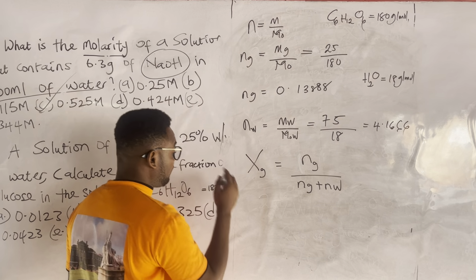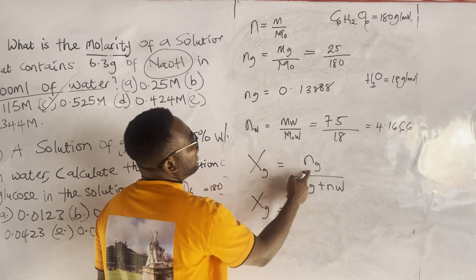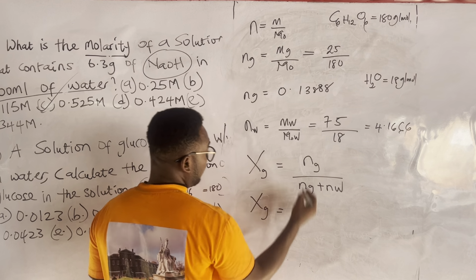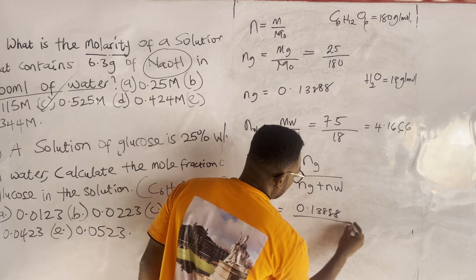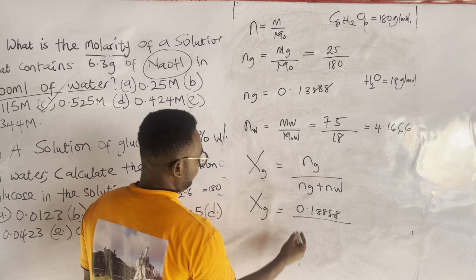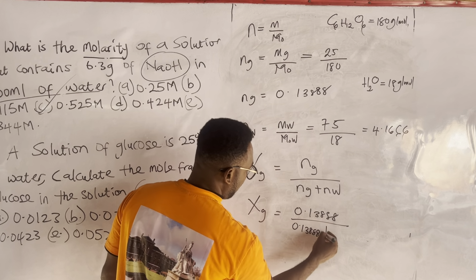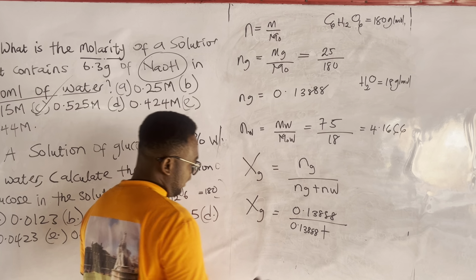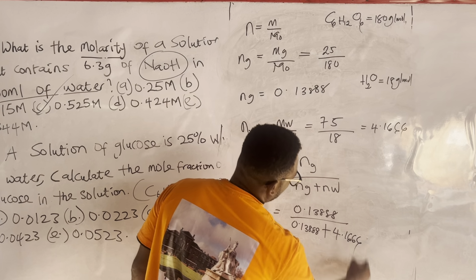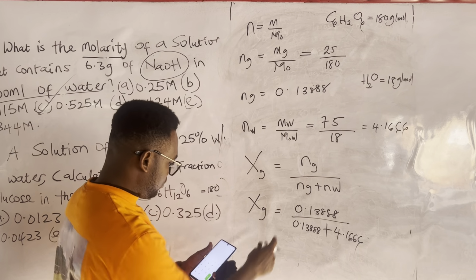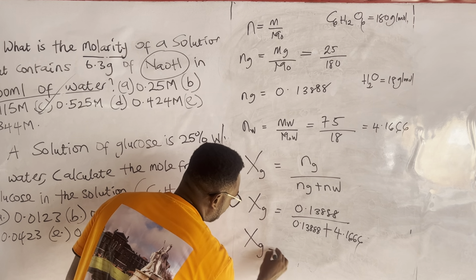So doing this, we say mole fraction of glucose is equal to 0.13888 divided by 0.13888 plus the mole of water, 4.1666. So we'll sum this first.